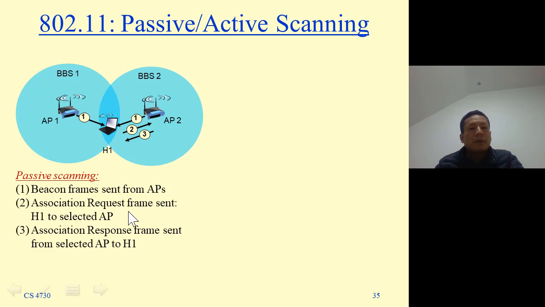And you decide which one to associate with. Okay, you select the one. For example, in this case, you select AP2. Then you respond with an association request, and after several further steps, you are associated to this AP. So this is passive scanning, which means you're just listening passively for the beacons.